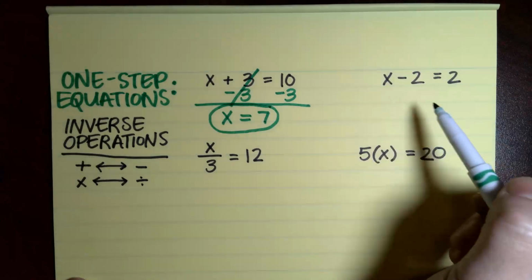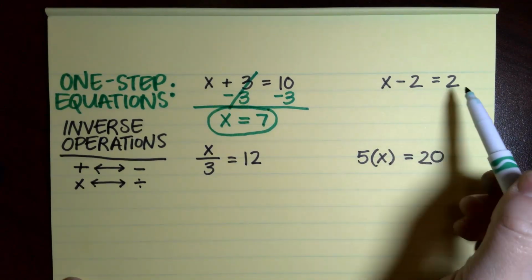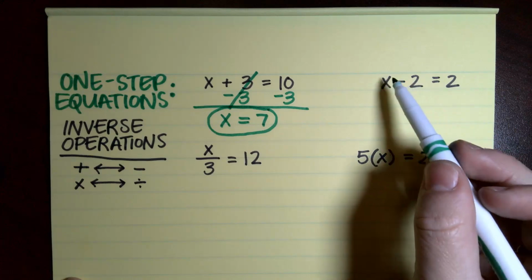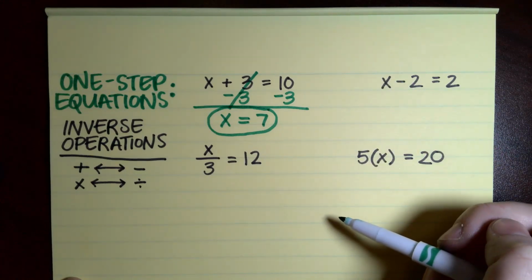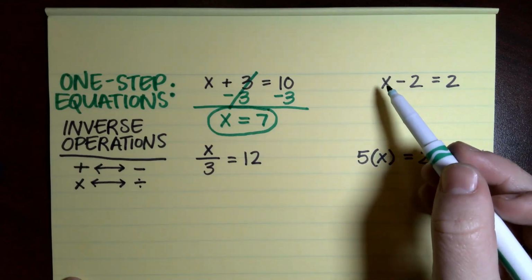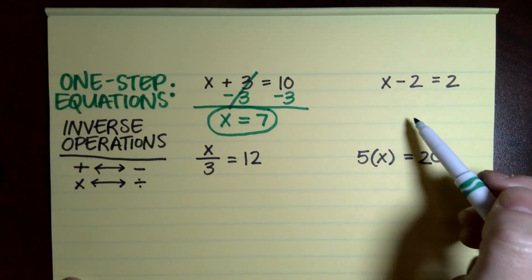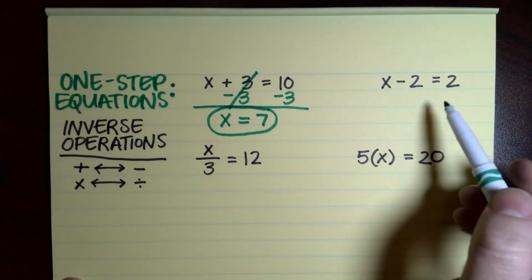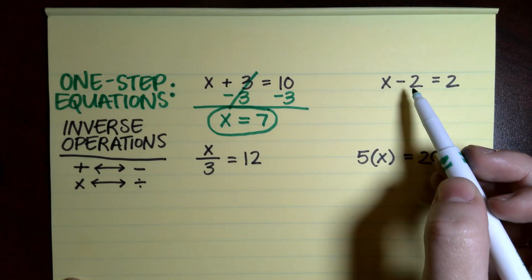Now let's look at the next one. We've got x minus 2 equals 2. How do I solve for x here? Yes, you are adding here because we have subtraction, x minus 2.